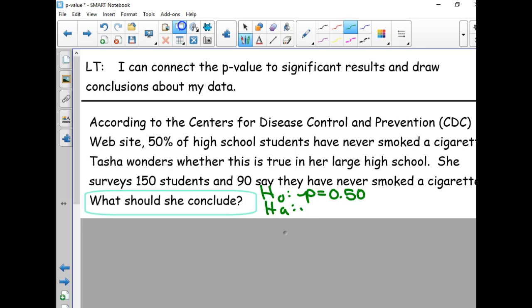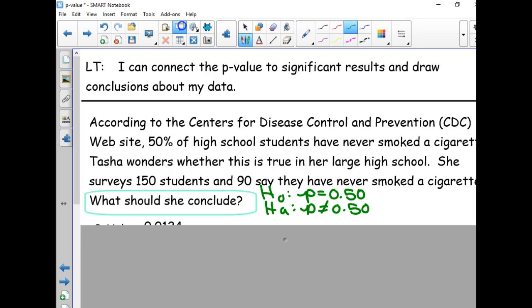There's no keywords. So we know it's not equal to. The keywords would be greater than or less than, some sort of form of those. Well, what did we do from there? We wrote our null, we wrote our alternative, and we wrote p in context. We then went through and we did our do step. We drew our curve.